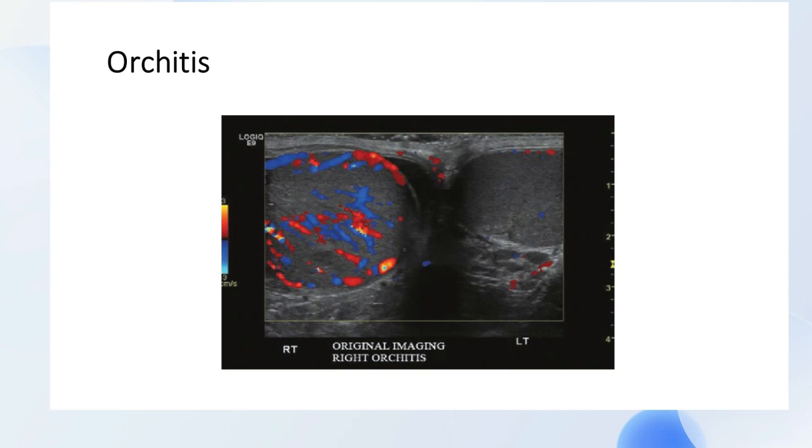It will be tender on palpation. That's orchitis, an inflammatory process. If you know the basic sonographic appearance of an inflammatory process, you are covered. You also have to know that in chronic stages, the testicle shrinks in size, it becomes small, due to lack of oxygen, and then it dies, atrophies, or undergoes sclerosis.